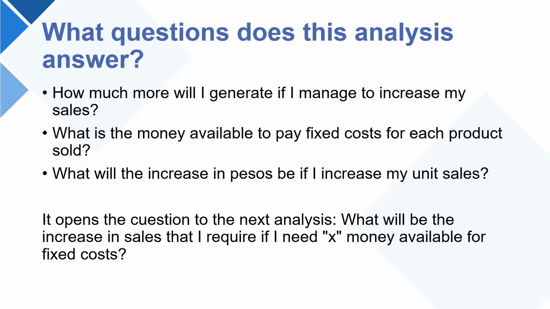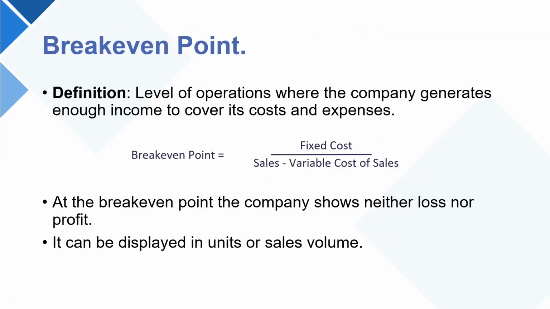And actually that opens a question, because if you know how much money you would get if you increase your sales, then you also can know how much money you need to pay for your fixed cost. So this gives you an analysis. It can open the door to analyze how many units, or how much money, or just units you need to cover your fixed cost.